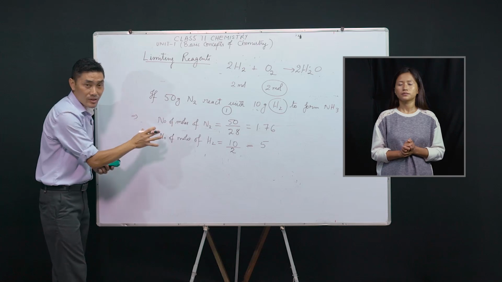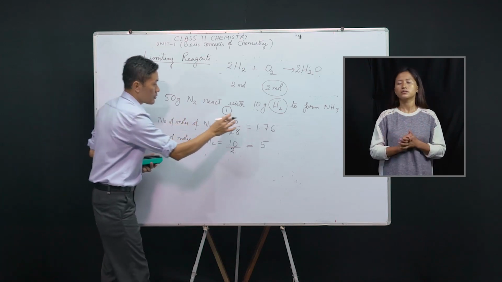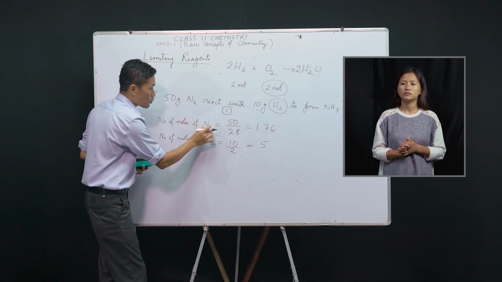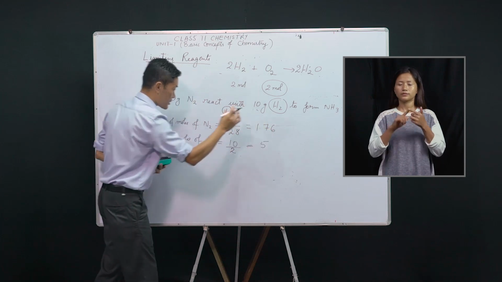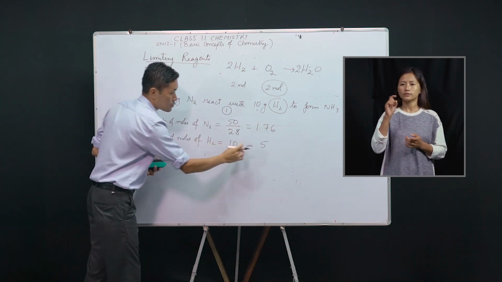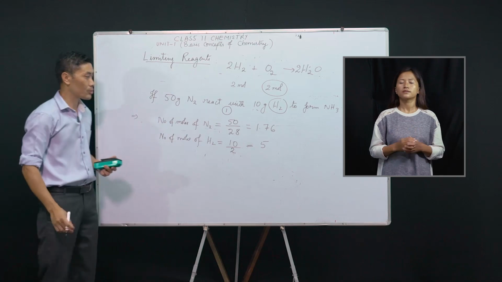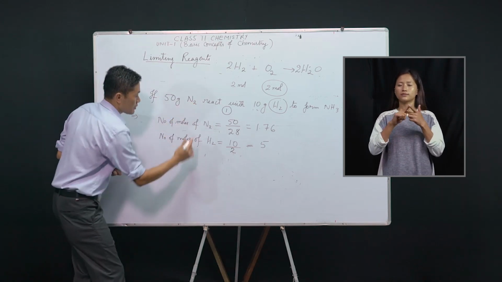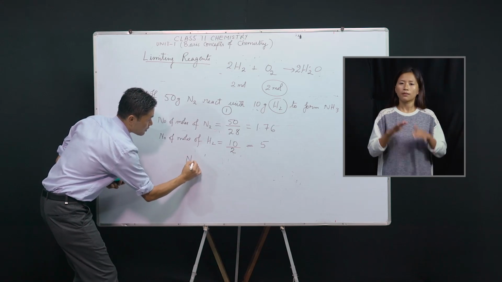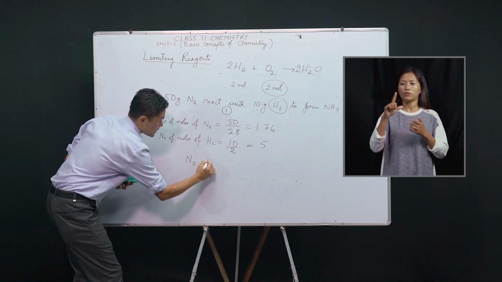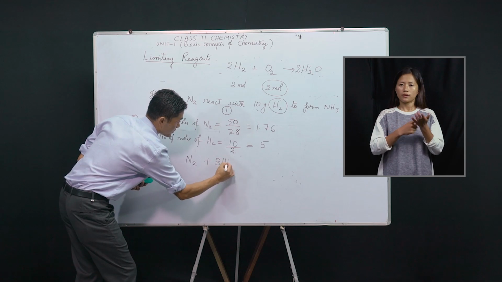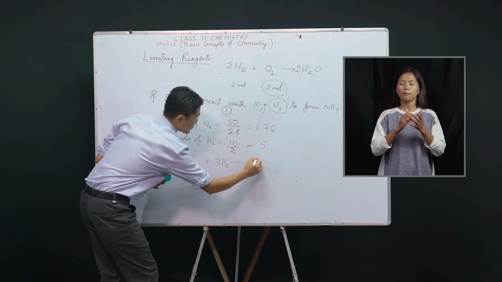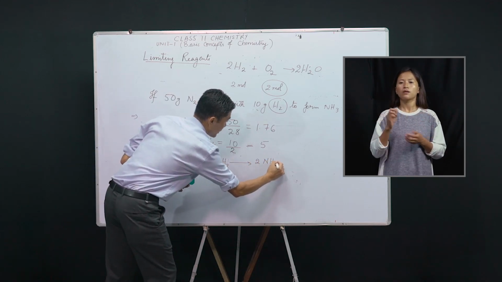So in our given reaction, we have number of moles of nitrogen, which is 1.76, and number of moles of hydrogen, which is 5 moles. According to the balanced chemical equation, 1 mole of nitrogen should react with 3 moles of hydrogen to give 2 moles of ammonia.